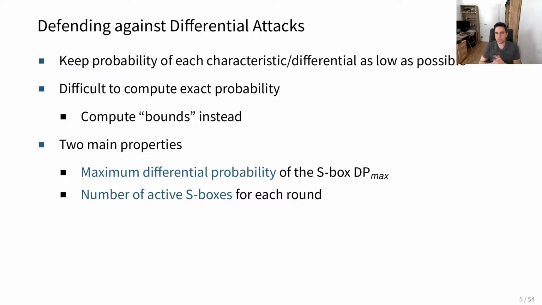We'll see later why this actually is the case. Okay, but these are the two properties now: the maximum differential probability for the S box and the number of active S boxes for each round. An S box is active if the input difference is non-zero. Then the S box is called active.